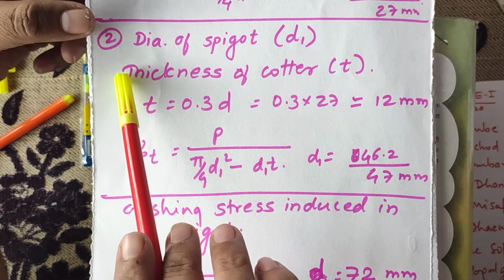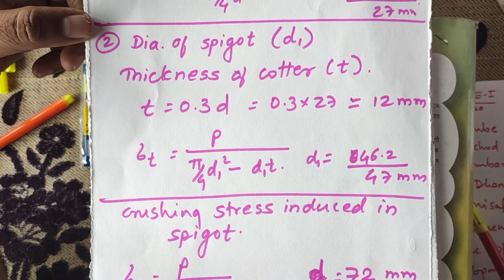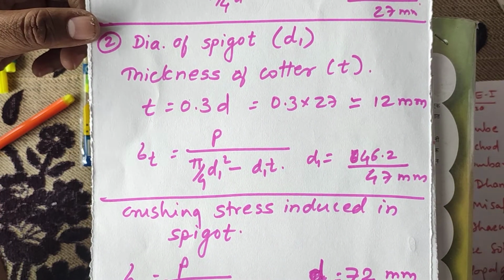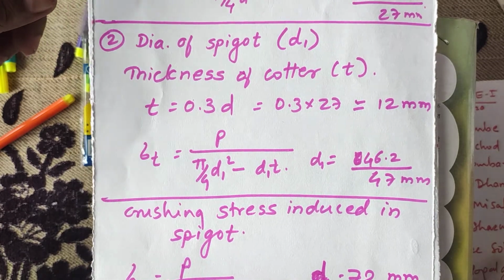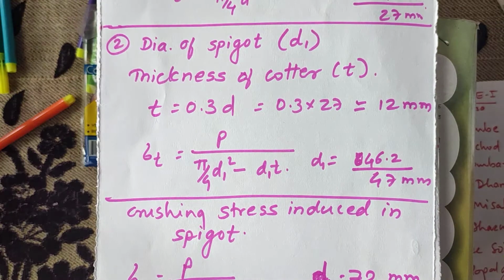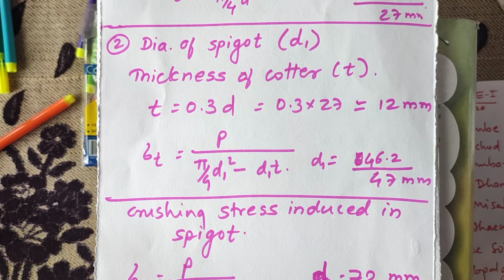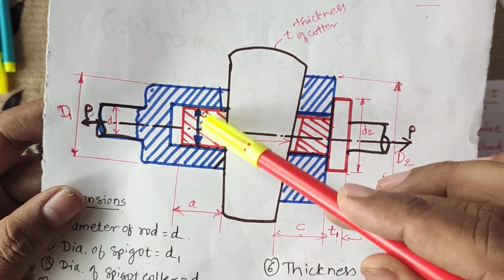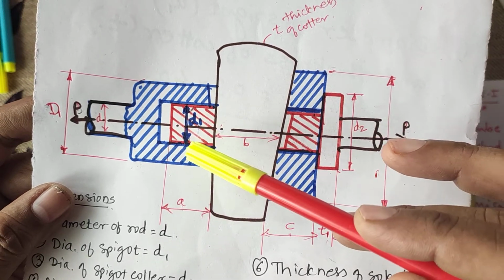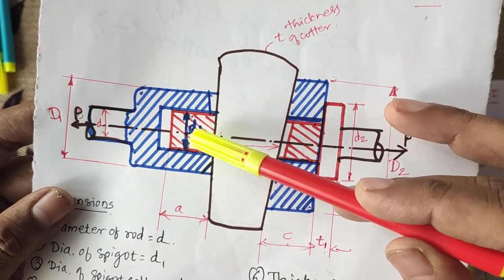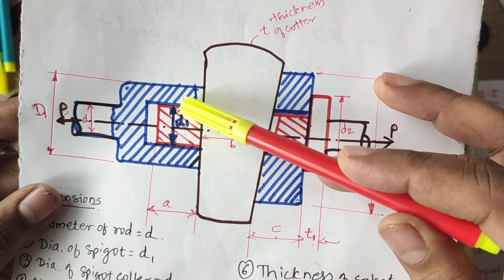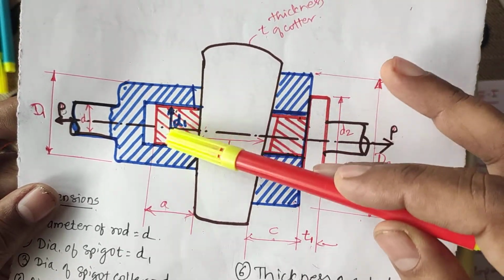Second one, the diameter of the spigot, small d1. I hope you remember this diagram. Small d1 is this one, the inner diameter of the socket or the outer diameter of the spigot.